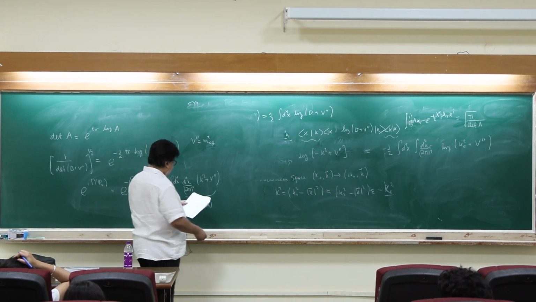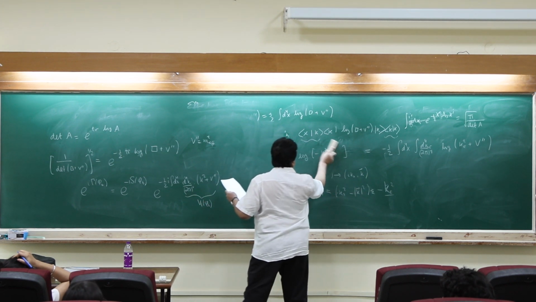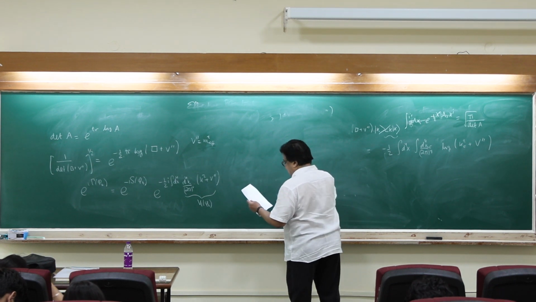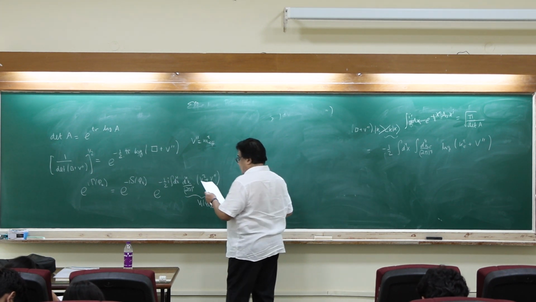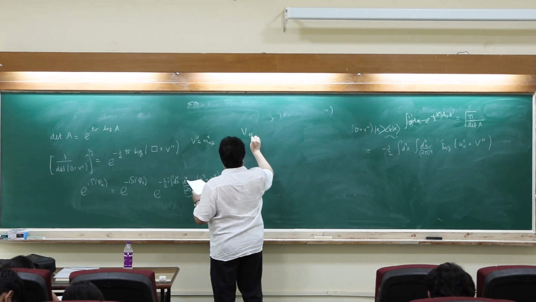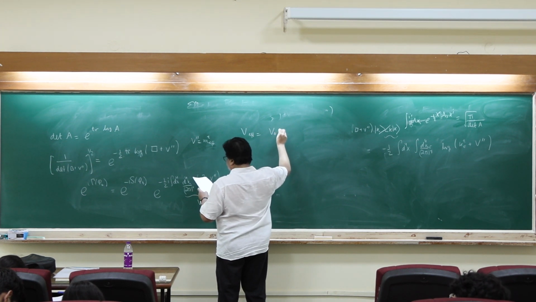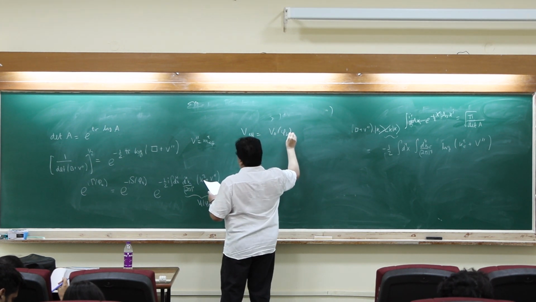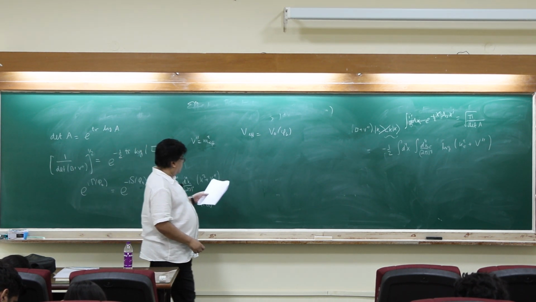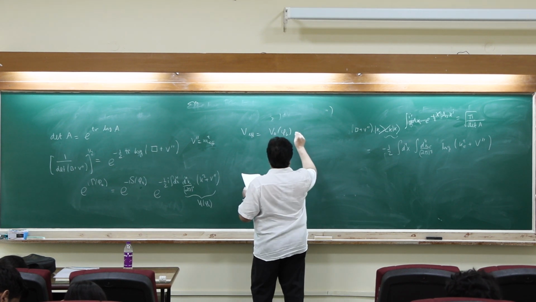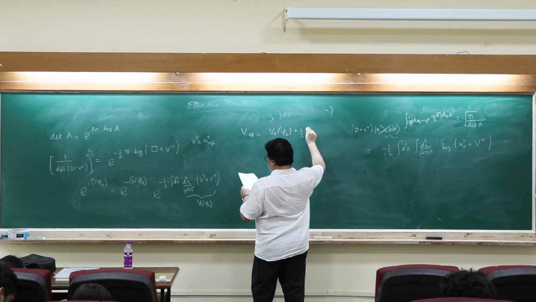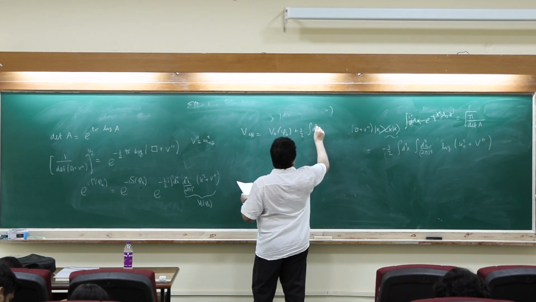So basically then my extra field, what this gives me is that V effective is V zeroth order of phi b, which is sitting inside this one, and I get a one loop term, plus half d4k log.